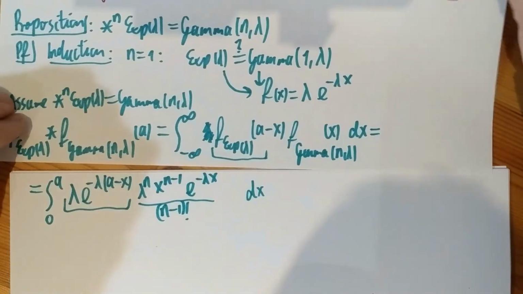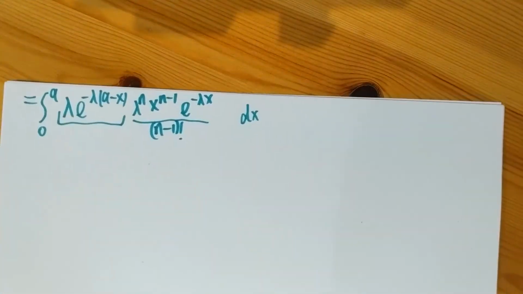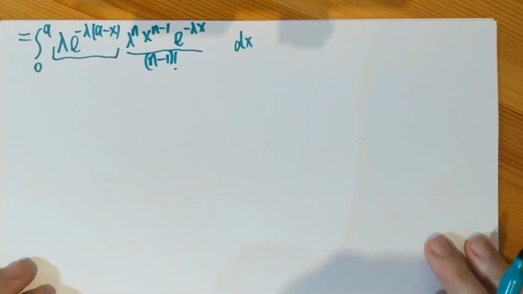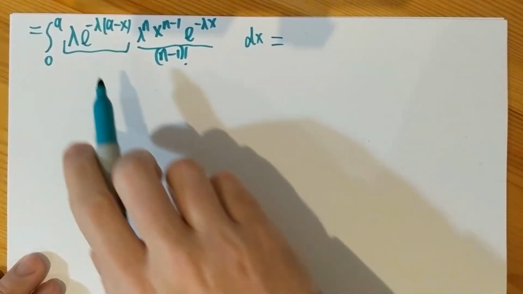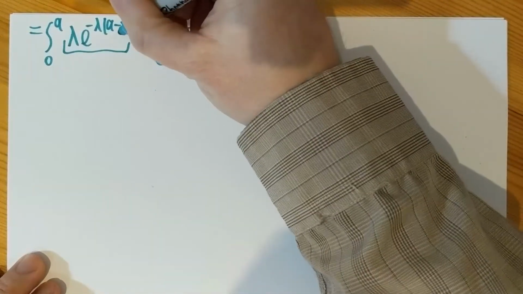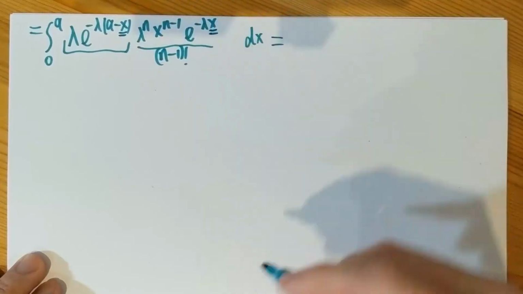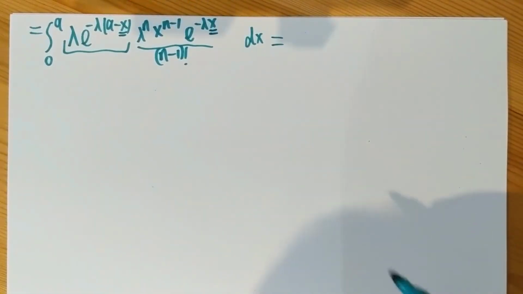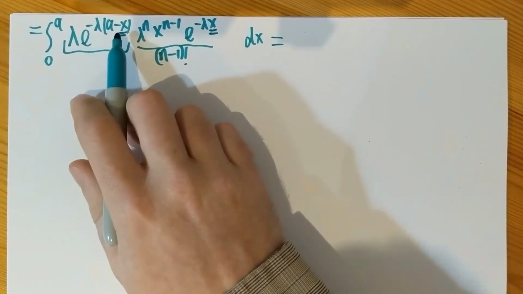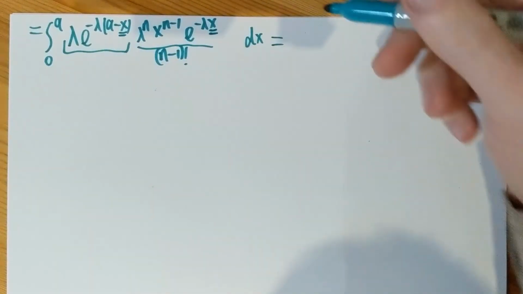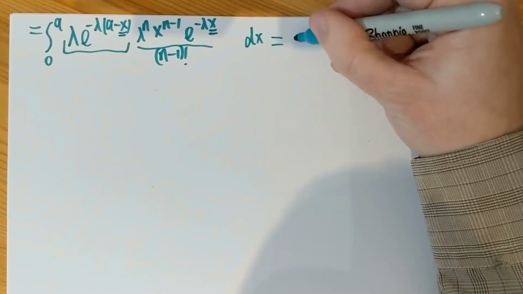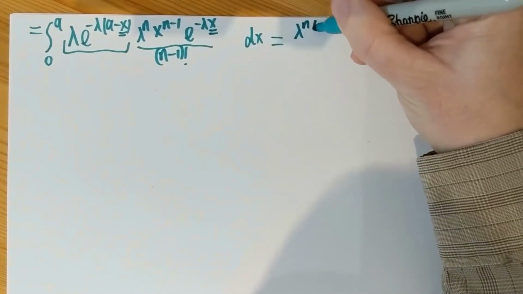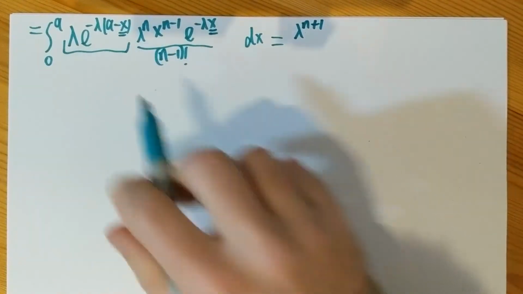And I need to calculate this integral here. But it's not very hard actually, because one thing you will notice straight away is that the exponential of x just goes immediately. There is a positive lambda x up there, there is a negative lambda x down here, they just go. So let's collect everything which doesn't have x in it. Lambda to the n plus 1 for the lambda factors.